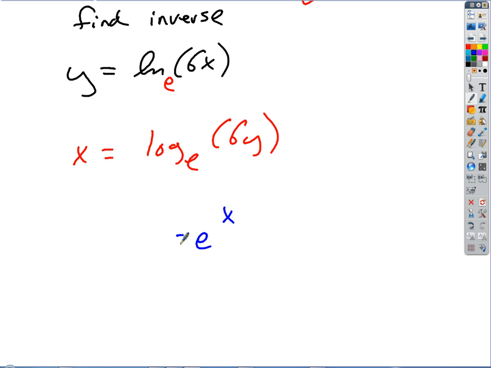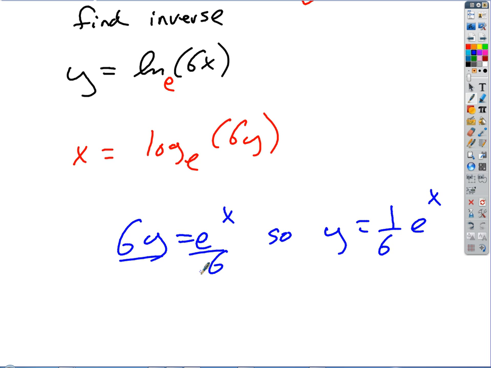E to the x equals 6y. Very good. So then what's y equal to? What do I do to get the y by itself? Yeah. Just divide by 6, right? Or multiply by 1/6. Right? All I'm doing is dividing both sides by 6 now, right?